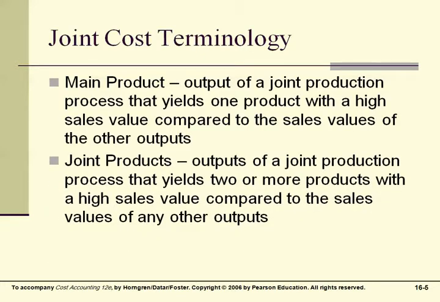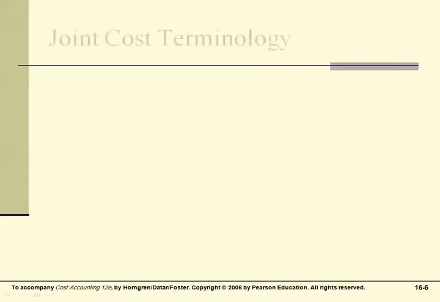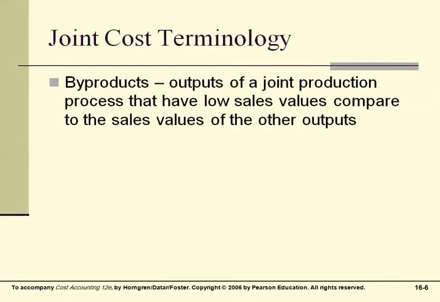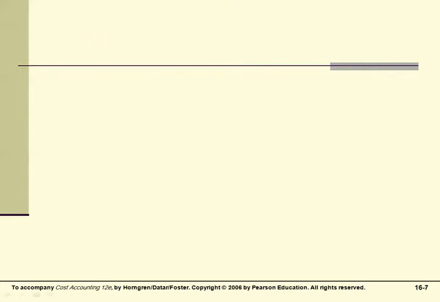Joint products are outputs of a joint production process that yields two or more products with a high sales value compared to the sales value of any other output. Byproducts are outputs of a joint production process that have low sales values compared to the sales values of the other outputs.